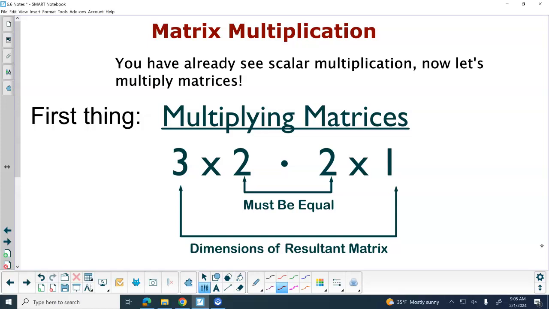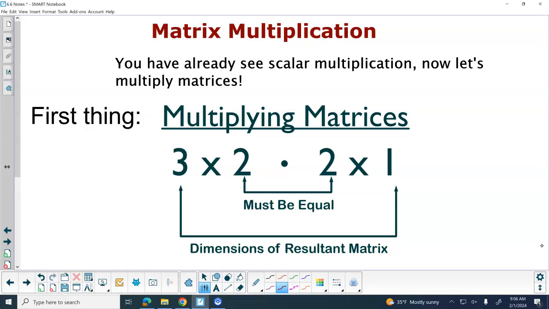Up until this point, you have always worked under the assumption that it doesn't matter what order you multiply things in. 2 times 3 is the same as 3 times 2. You've worked under that your entire life.